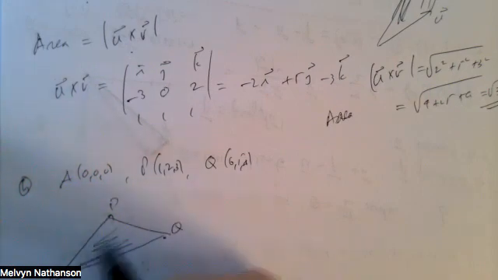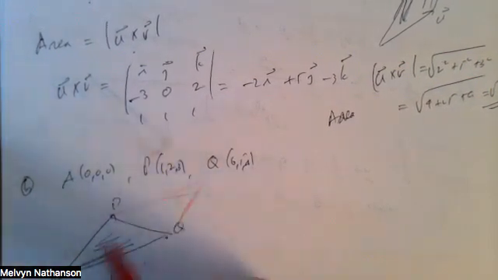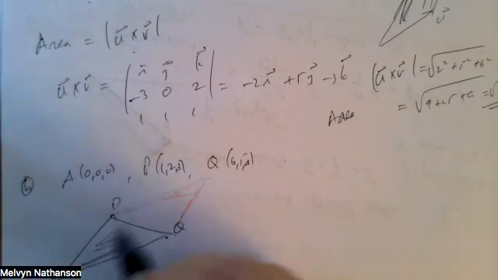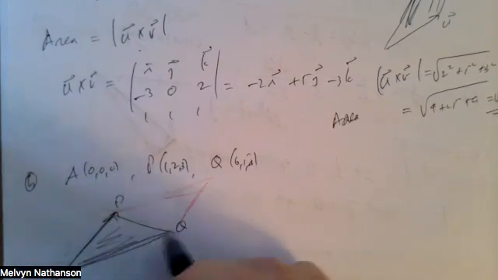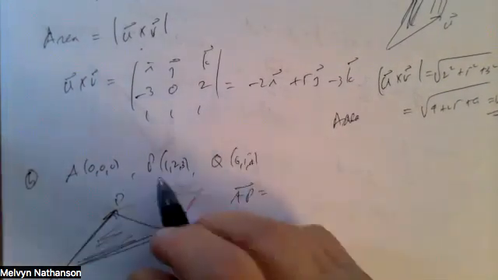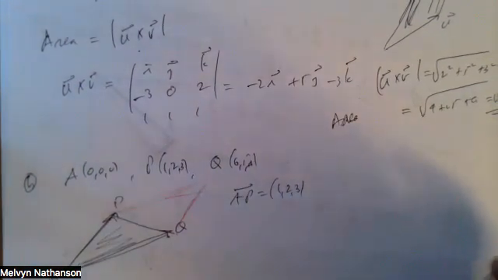Well, the area of the triangle is half of the area of the corresponding parallelogram. Right? If you have a parallelogram and you draw a diagonal, you get 2 triangles, each has half the area of the original parallelogram. So the area of the parallelogram is the cross product of these 2 vectors. The vector from A to P is just this minus 0, 1, 2, 3.